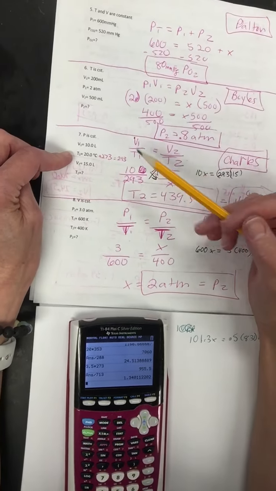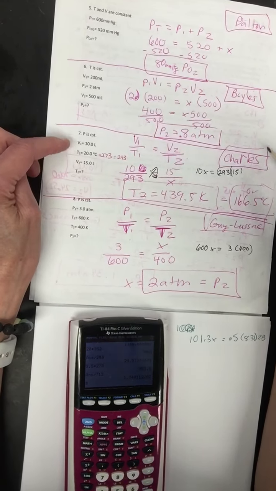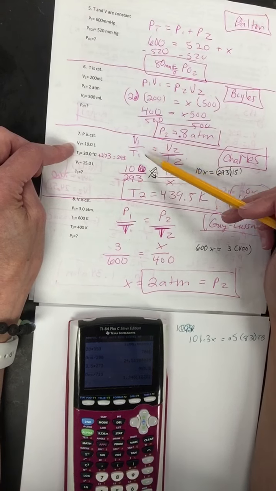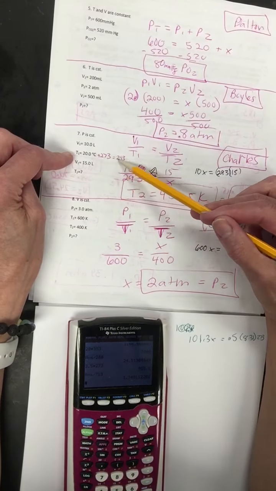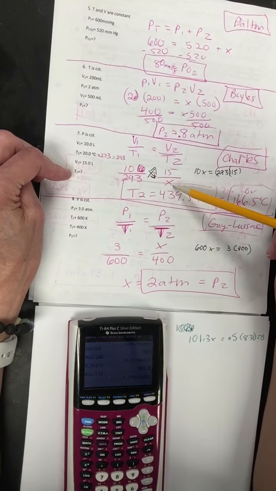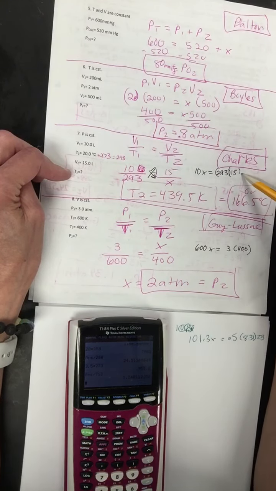Okay, our next one, we have volumes and temperatures again. So it's Charles. We substitute them in for the volume, 10 liters. But for the temperature, it's in Celsius, so we've got to add 273. Volume 2 is 15. Temperature 2 is X. Cross multiply, 10X on one side, 293 times 15 on the other side.